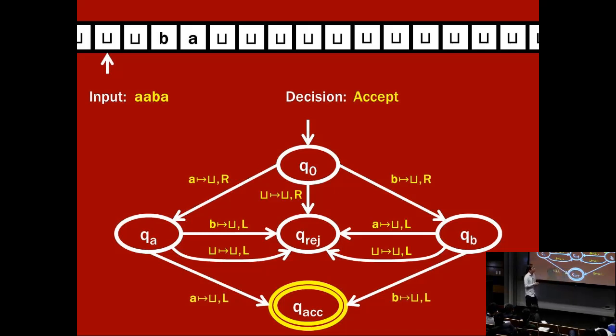OK? Now we're in this state. We're reading an A, so we follow this arrow. And we write a blank, and we move the head to the left. So we'll do that. And now we get to the reject state, and the decision is reject. OK, so this machine rejects this string.